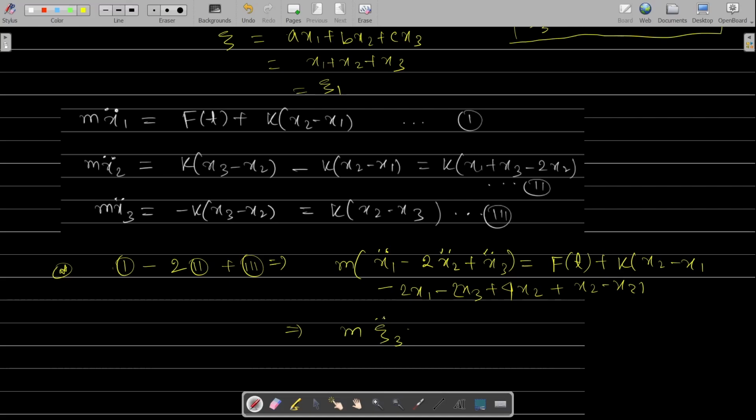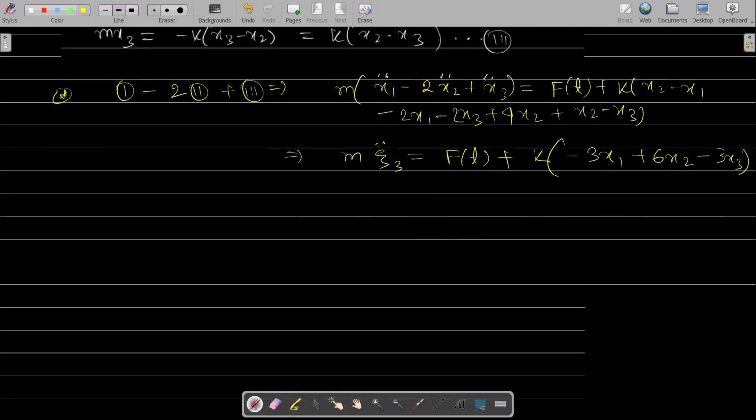This is xi3 double dot equals f(t) plus k times, plus 3x1 plus 6x2 minus 3x3.